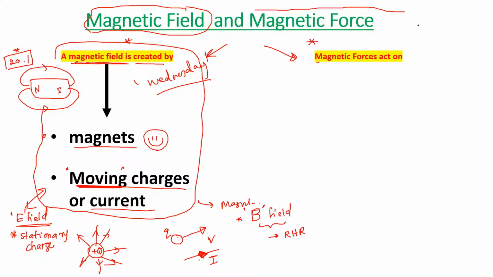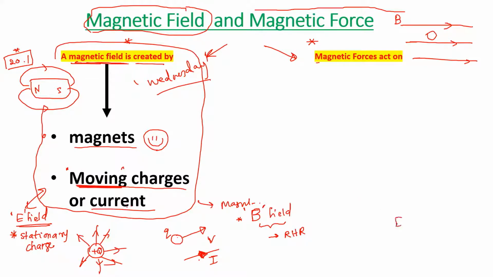Okay. Now let's think of a magnetic field. Let's say we have a magnetic field going this way. So my question is, magnetic forces, let's say I keep something inside this magnetic field. What should it be for a force to act on it?